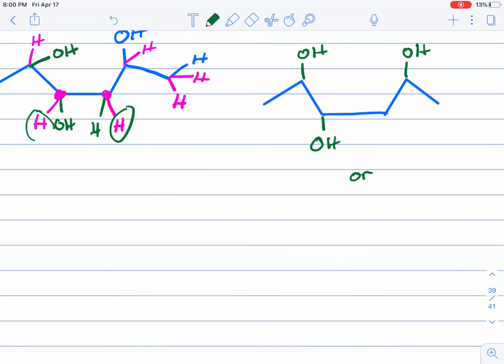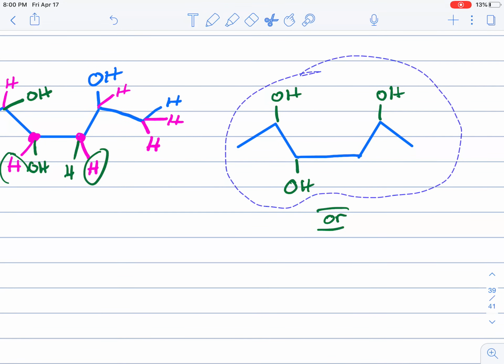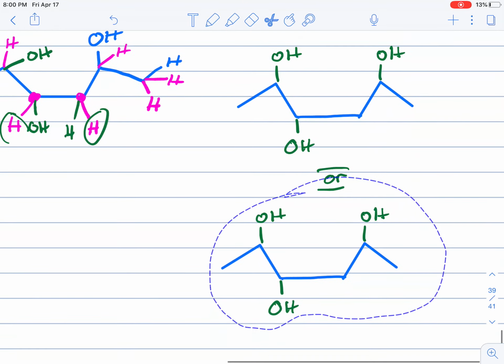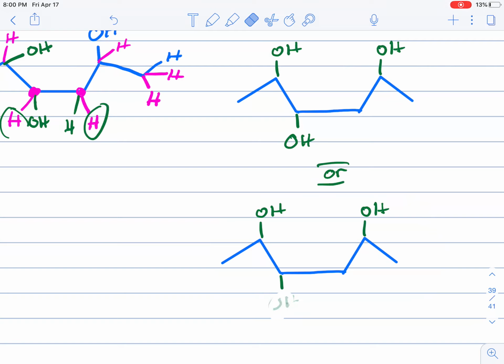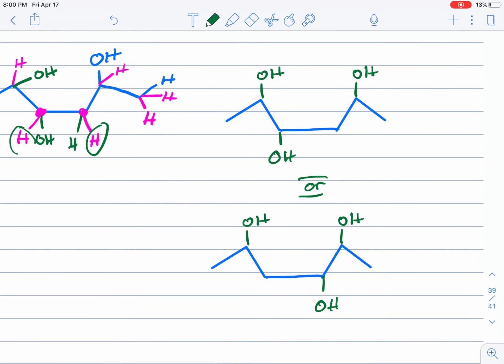Or you guys can have your hydroxyl here. And the reason why it doesn't matter at this point in time is because both of these substances are symmetrical.